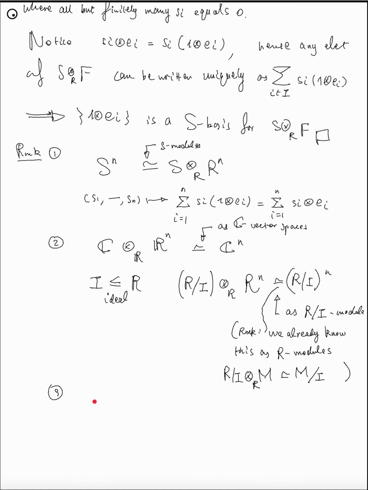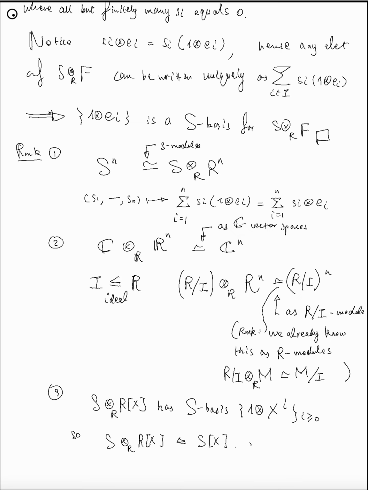Third remark. So this has an S basis, 1 tensor x to the power i, because x to the power i form an R basis for the polynomial ring R[x]. So we have S tensor R[x] isomorphic to S[x] as S modules.